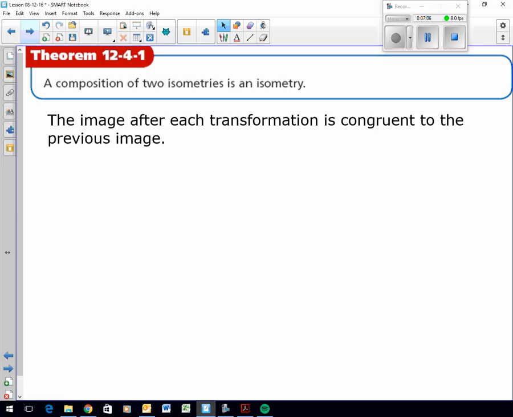Remember, we defined rigid transformations and we said everything is congruent throughout the transformation. The same size, the same shape. That is still true even if we have a composition of transformation. Even though I'm applying more than one transformation, I still have isometry. I still have congruency throughout.